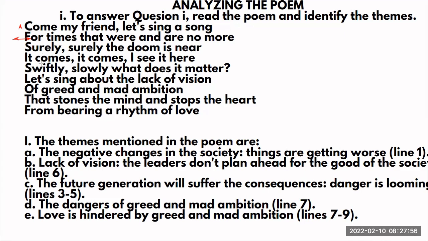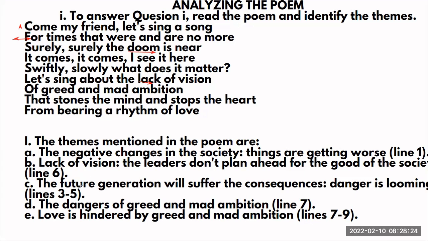Then let's continue. "It comes, I see it here. Swiftly, slowly, what does it matter? Let's sing about the lack of vision." So you can see the theme of lack of vision is also here. The other one we talked about was the theme of doom, and here we are looking at the theme of lack of vision.